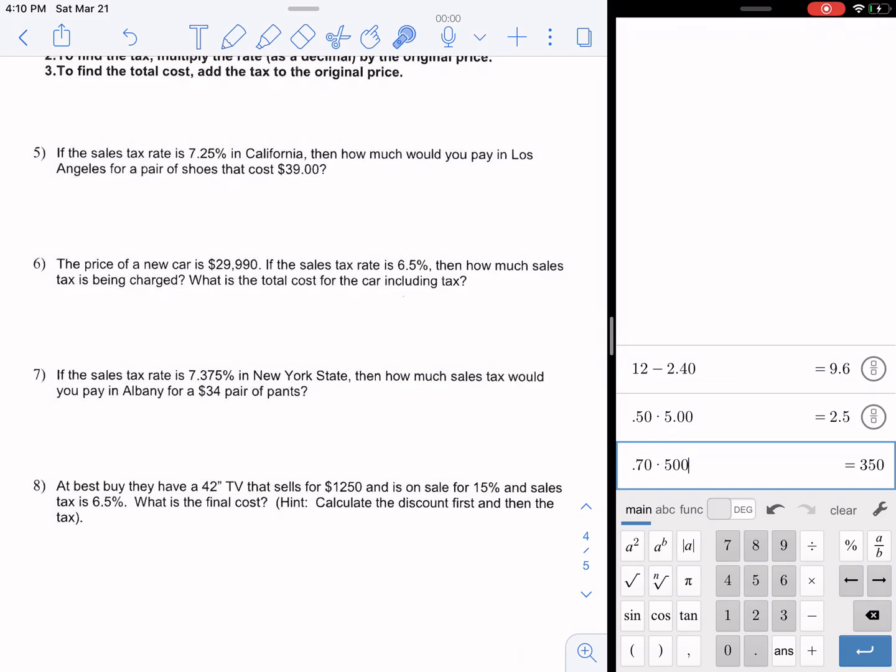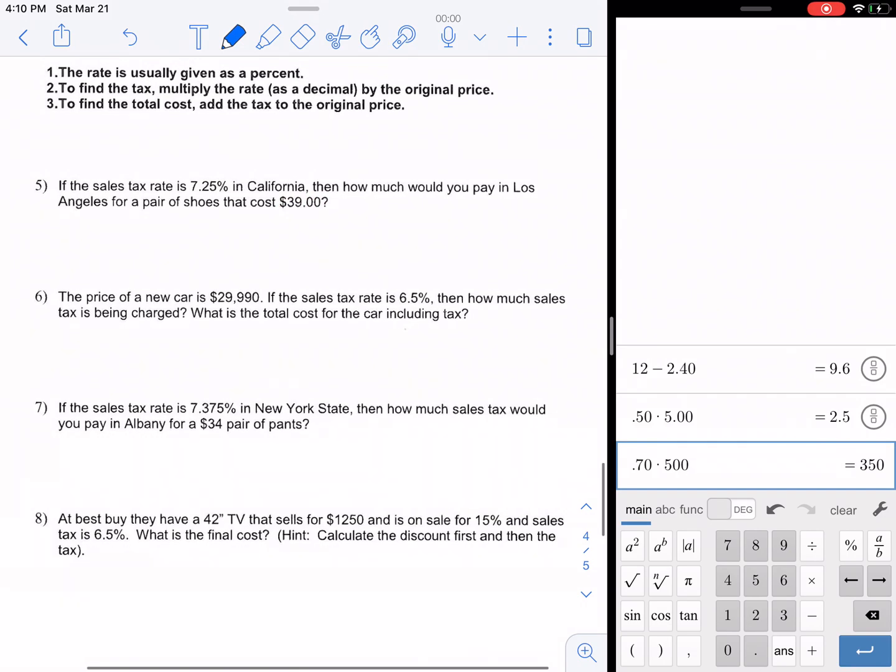So it says, if the sales tax is 7.25% in California, then how much would you pay in Los Angeles for a pair of shoes that cost $39? Well, this looks like a perfect candidate for method B. So I'm just going to go straight to the total cost. Well, I was originally going to pay 100% of the cost.